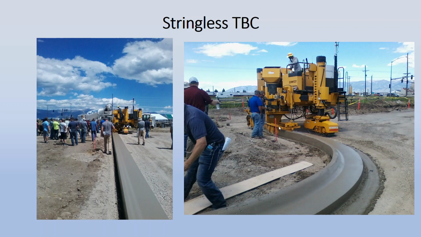You have a lot less hubs to set, a lot less strings to set. Every time you put something in the ground, you're having to measure it. And whenever you measure, you introduce error. This eliminates a lot of measuring. So it's very expensive. They're really trying to market it and push it so they can justify it and help pay for it. And I see in the near future that we're not going to be setting strings anymore.